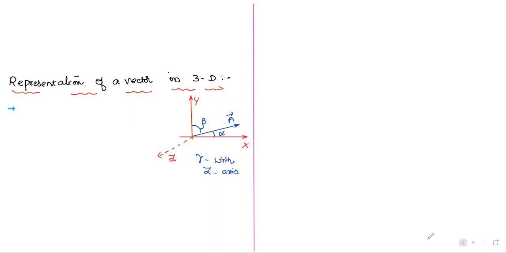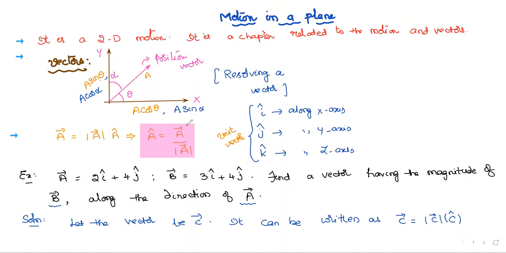While resolving, as you understood on the first page, if some angle is given, it is very easy to say the adjacent side first. After resolving, for theta you will get cos theta, for alpha you will get cos alpha.